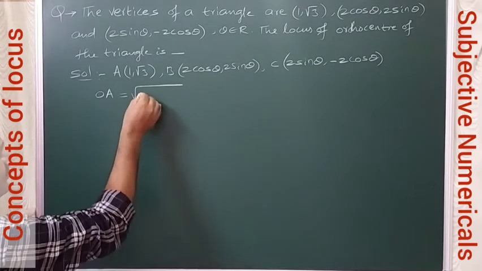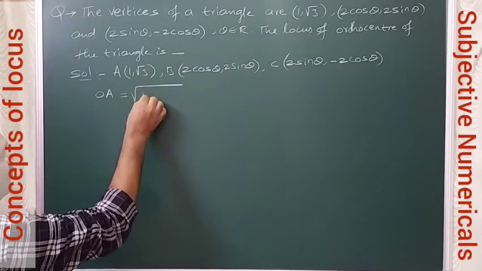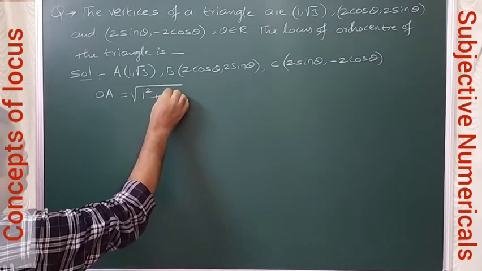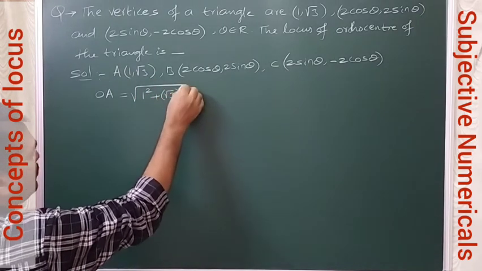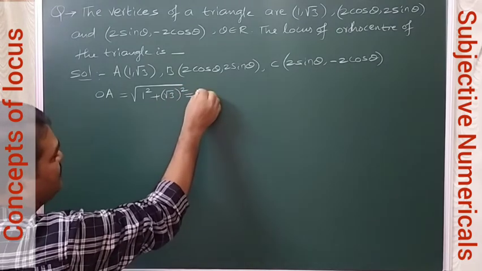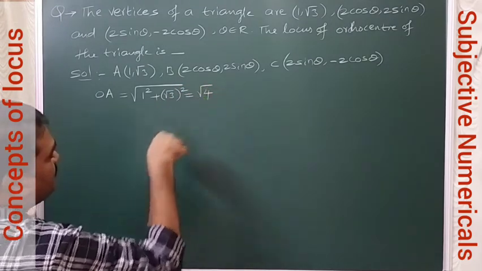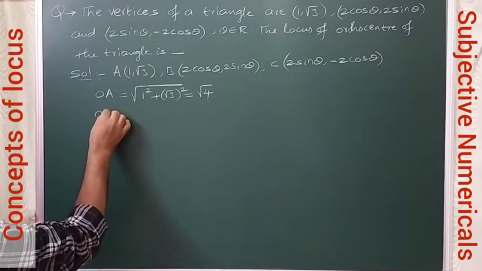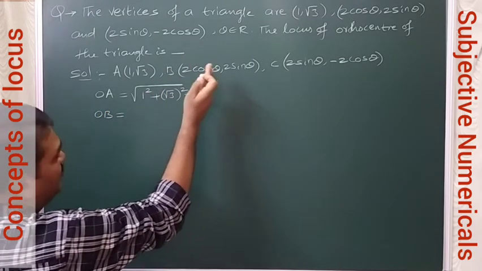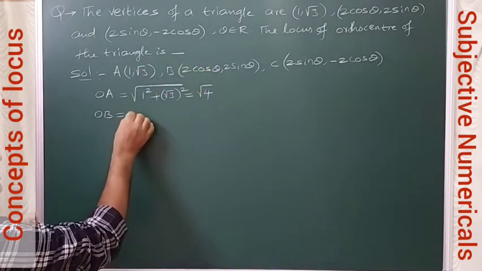You will get under root (1 minus 0) whole square plus (root 3 minus 0) whole square. So clearly it is root 4 or 2. So what is the distance of the vertex B from origin?